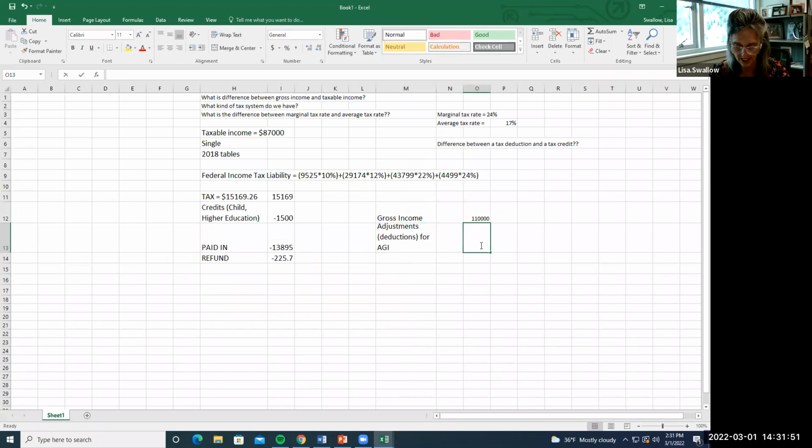And he had a $1,500 adjustment for AGI. And then his standard deduction was $12,000. Let's see, that number's not exactly right. Let me do this really quick. Sorry, I'm trying to pull this off the top of my head. 87,000 plus 1,500 plus 12,000.